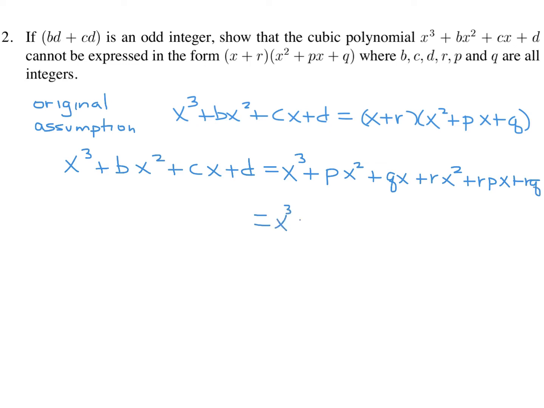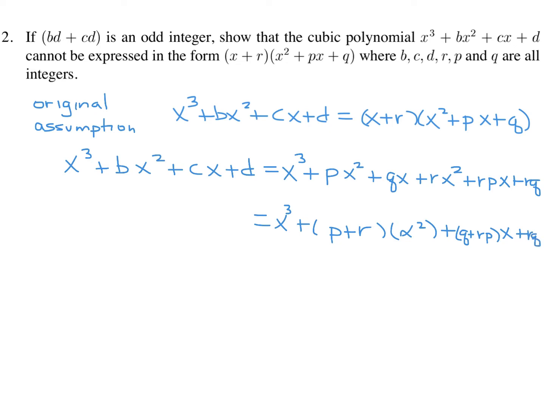When I collect like terms, x to the power of 3 just has one term, and then x squared, what's the coefficient there? p plus r. And then the x has as a coefficient q plus rp. And then just rq at the end.